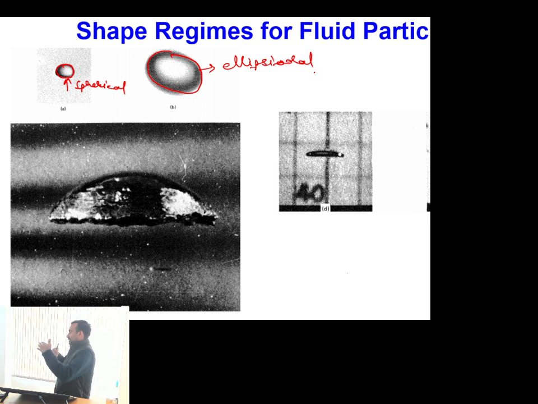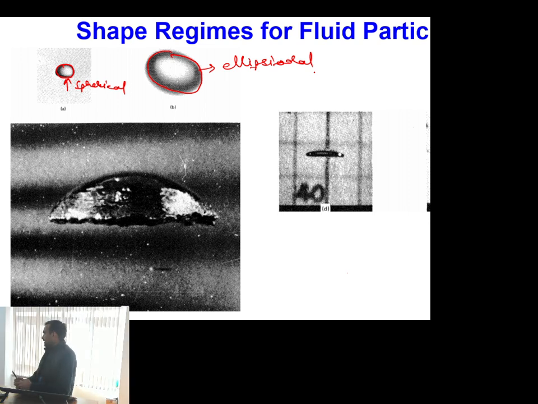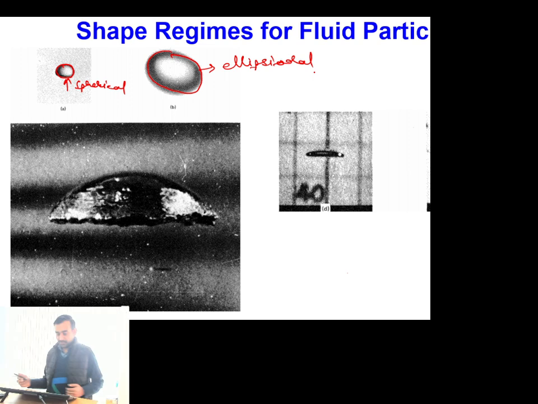So when the bubble takes the shape of an ellipse instead of a sphere, it is called ellipsoidal shape. Then this particular shape, if I consider the entire thing to be a sphere, is the top portion of the sphere. So this particular shape is called spherical cap shape.